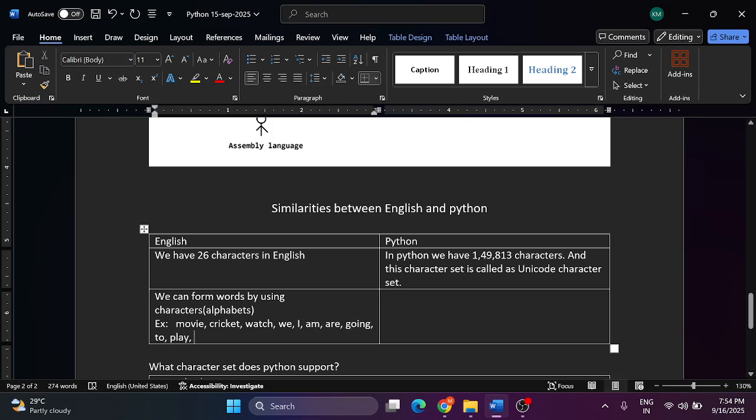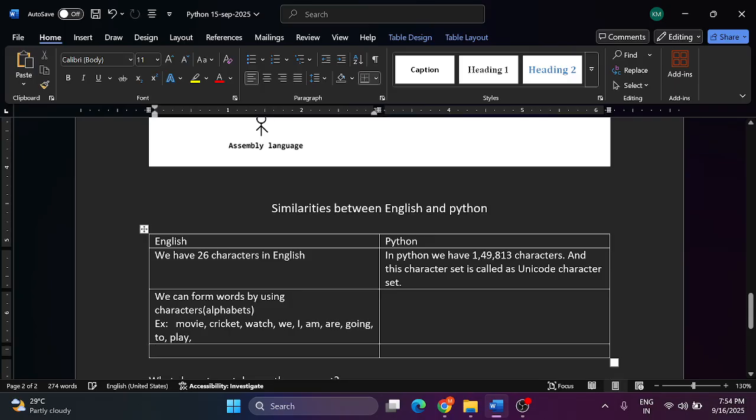So movie is a word, cricket is a word, watch is a word, we is a word, I is also technically called a word. Even though it's a single character, I would say it is a single character word. Am is a word, are is a word, going is a word, to is a word, and play is a word. By using words, what can we form? We can form a sentence. By using what? By using words.